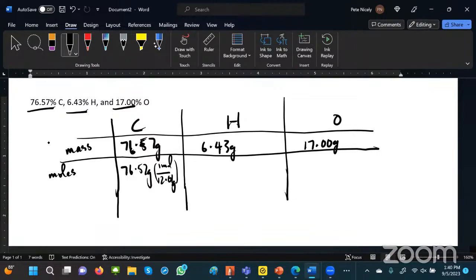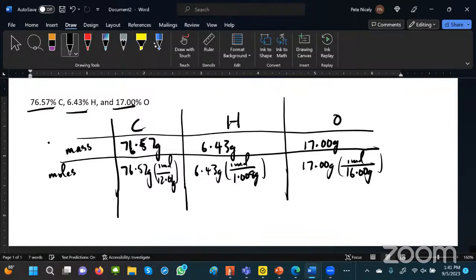In the case of hydrogen, that will be 6.43 grams multiplied by 1 mole divided by 1.008 grams. And in the case of oxygen, I'd multiply 17.00 grams by 1 mole divided by the molar mass of oxygen, which is 16.00 grams.